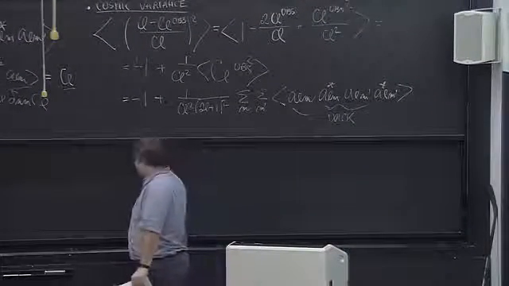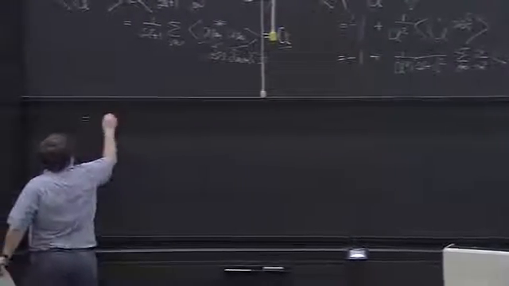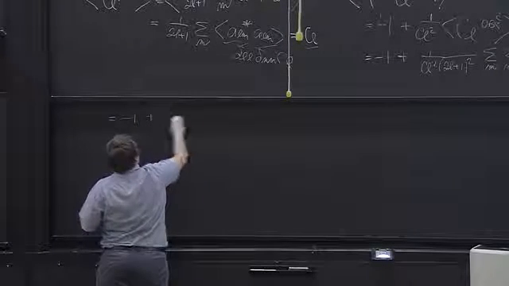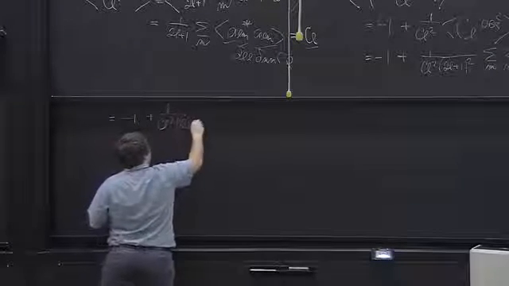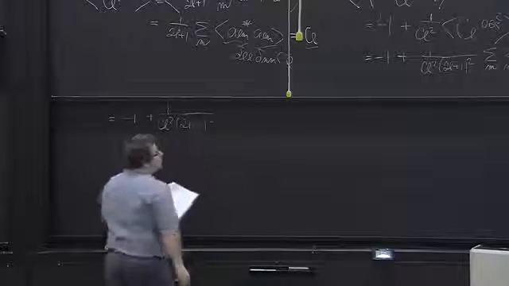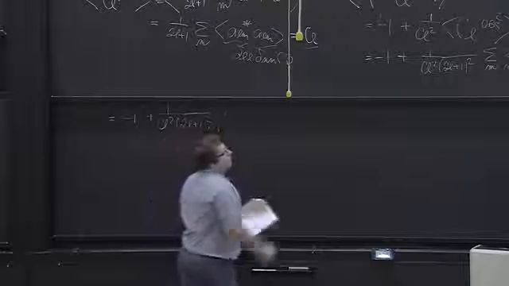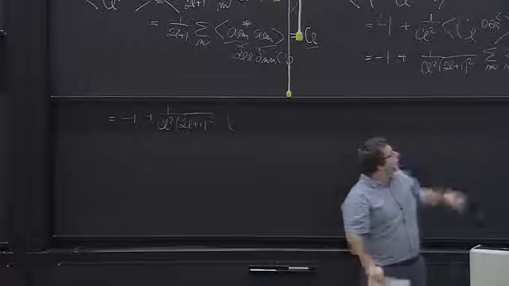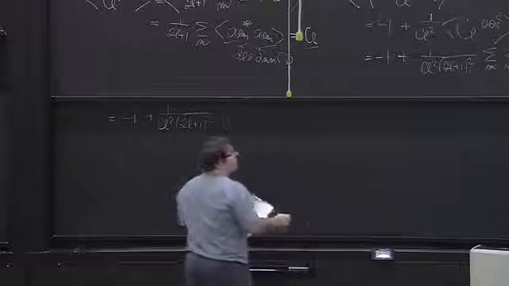And so what is this equal to? So this is equal to minus 1, and then we have 1 over CL square (2L plus 1) square. And then you have, as I said, 3 terms. So the first term is just delta mm and delta m prime m prime.